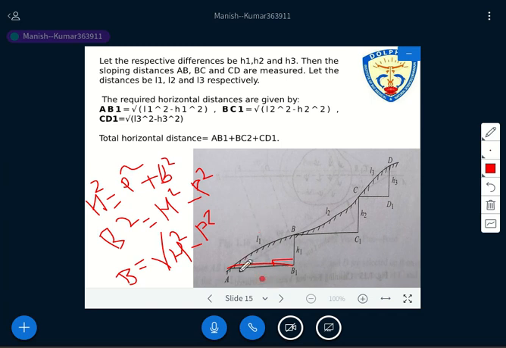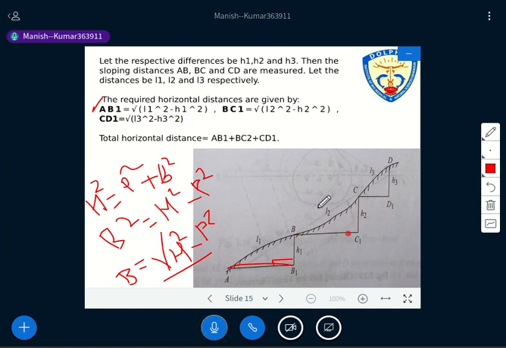Since this is the horizontal distance AB1, by using this formula, what is the length of AB1? AB1 will be equal to under root L1 square minus H1 square.